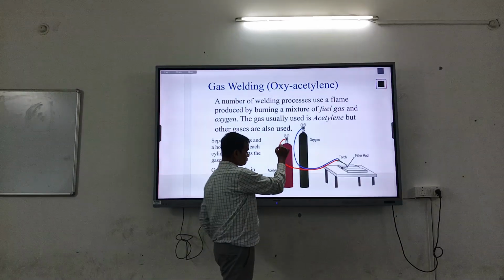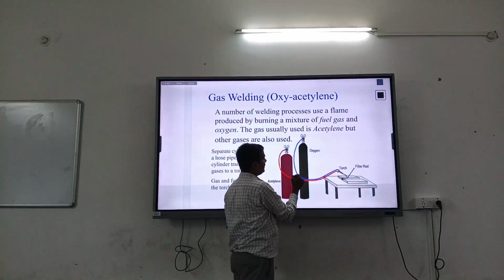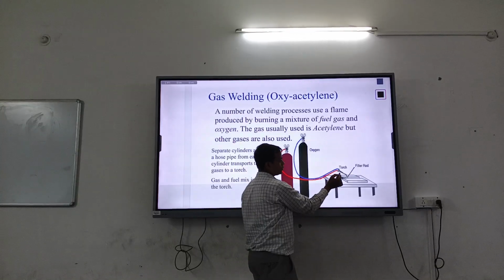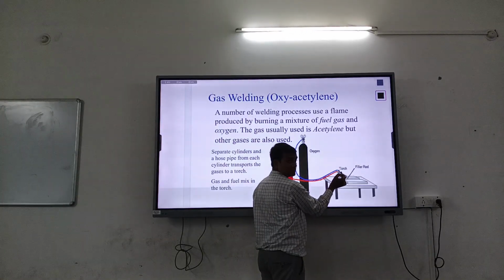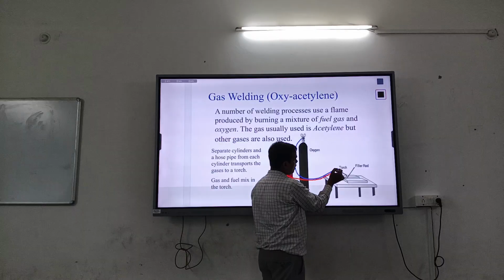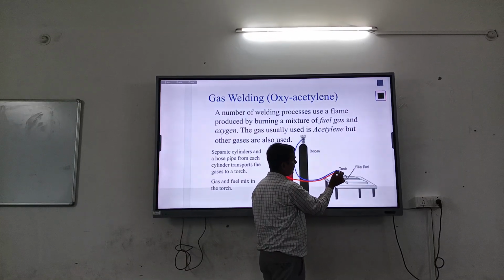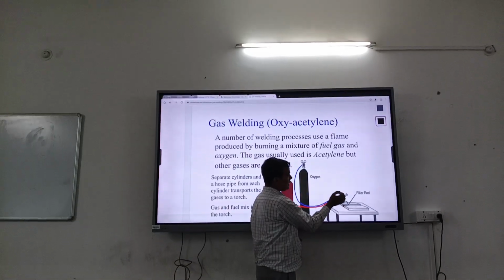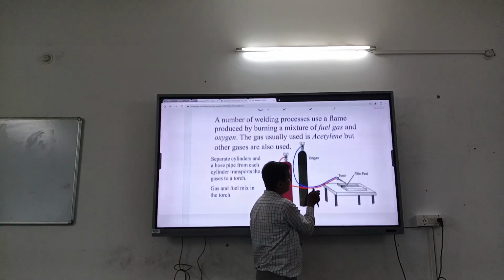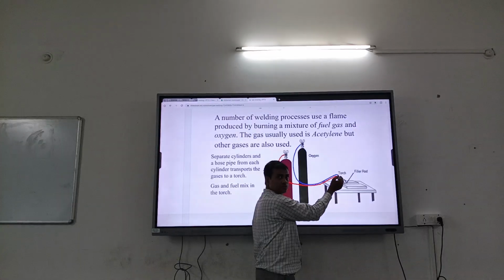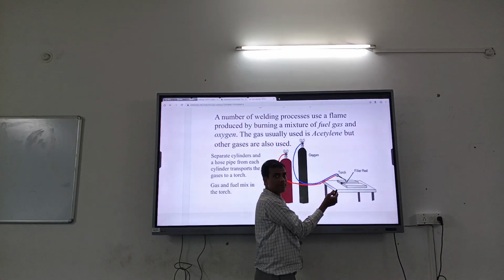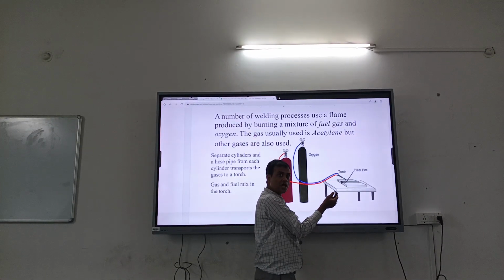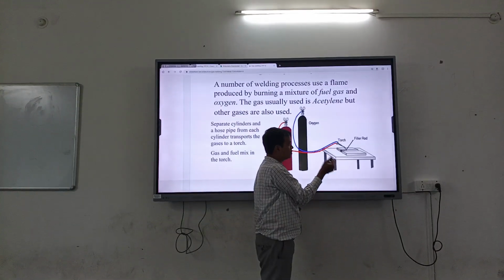These cylinders are connected to the torch, and the torch has a combustion chamber in this portion. Oxygen comes from the oxygen cylinder and is mixed here by the regulator. The regulator controls the mass flow rate of the acetylene as well as the oxygen.